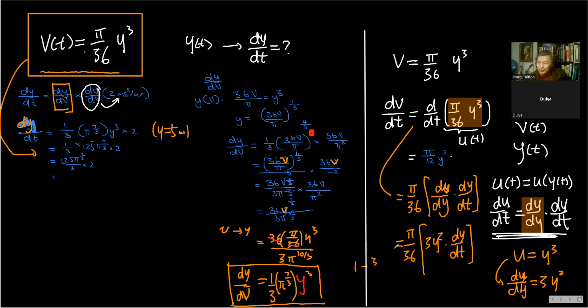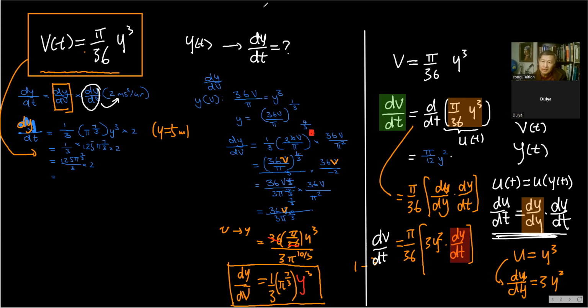That is exactly what we're looking for. In other words, this is unknown, to be discovered, to be calculated. And this is a given. So by doing so, what we have obtained is that dV/dt is equal to this.